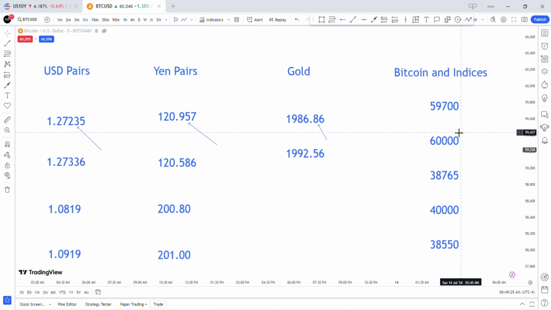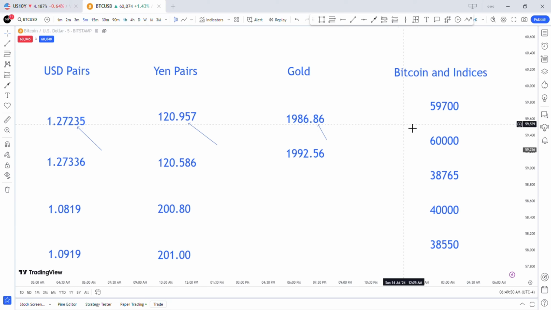Your entry is 60,000, you want to buy, and your stop loss is at 59,700. So $300 is the difference. Say I want to risk $1,000 on this trade. It's 1,000 divided by 300, and that gives you 3.3 lot size, 3.3 standard lots.